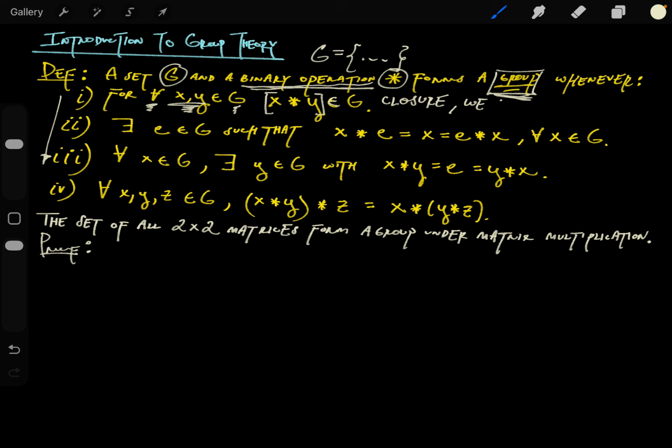We say the set G is closed under star. For example, if you take Z, the integers, to be G, and we take addition to be the operation, then we say that the integers are closed under addition.